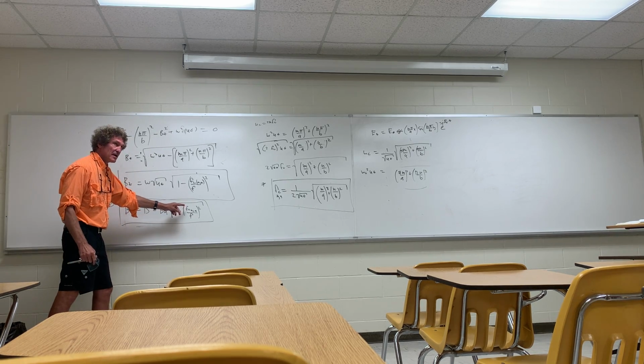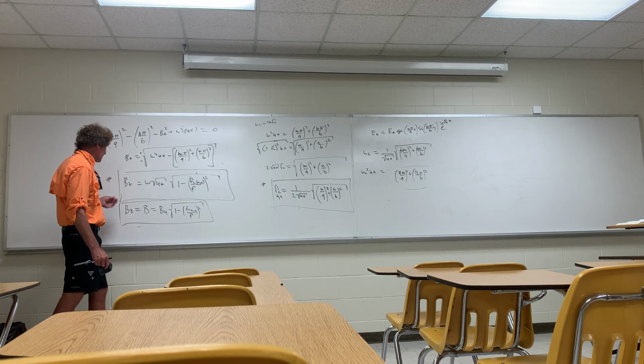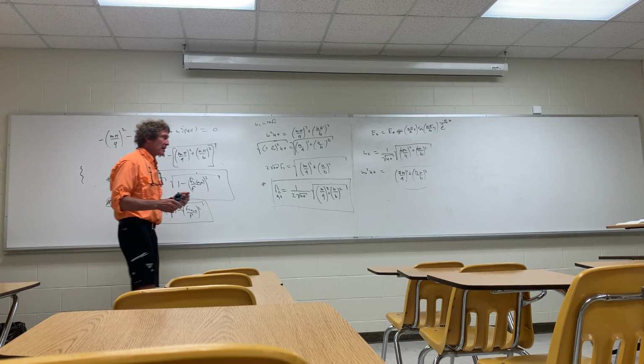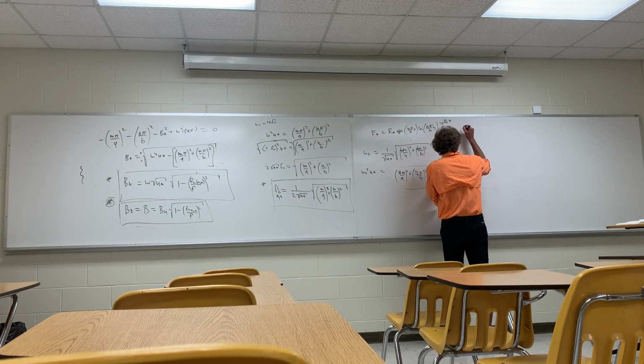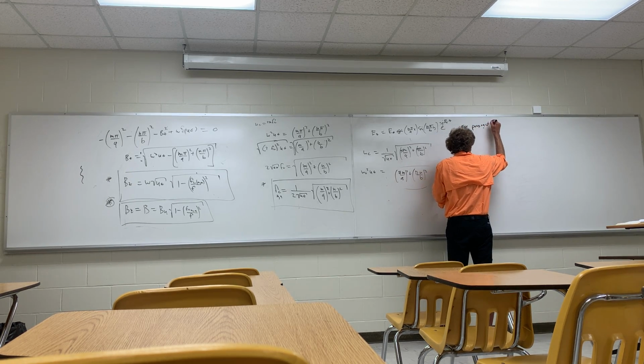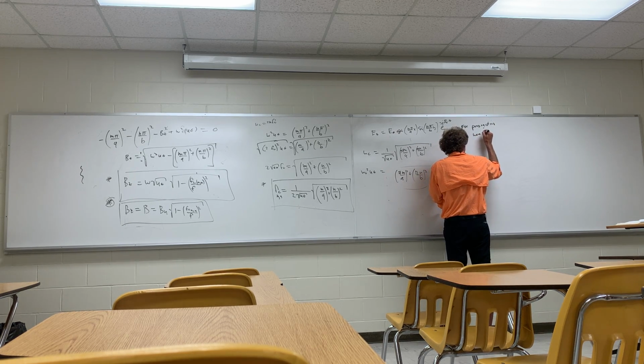Now, if f was less than f_c, then this would be greater than 1, and I'd get the square root of minus something, which is plus or minus j something. Are y'all with me on that? That's not a propagating mode. So for propagation, f has to be greater than f_c. I'll put it here. f has to be greater than f_c.